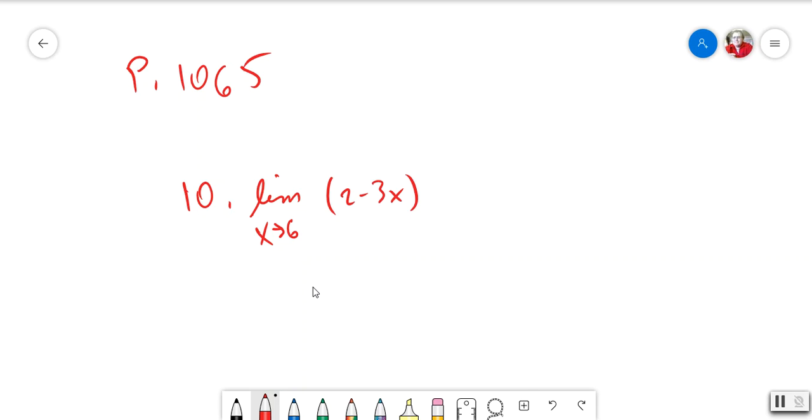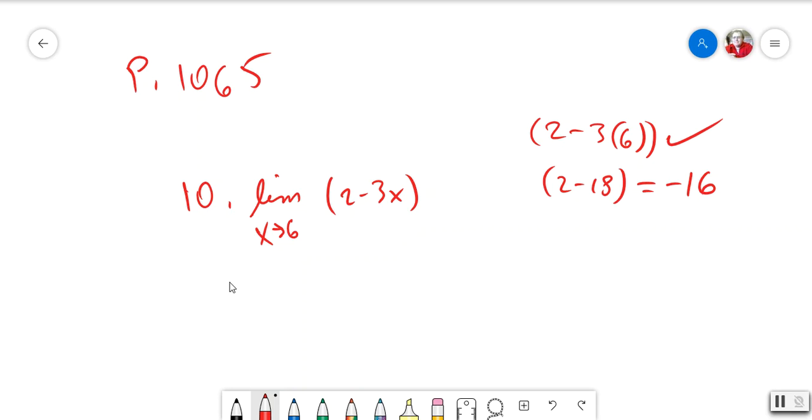One way to do this would be to plug in 6. 6 times 3 is 18, sorry. And 2 minus 18 is negative 16. That would be one perfectly legitimate way to do it. There'd be nothing wrong with that.